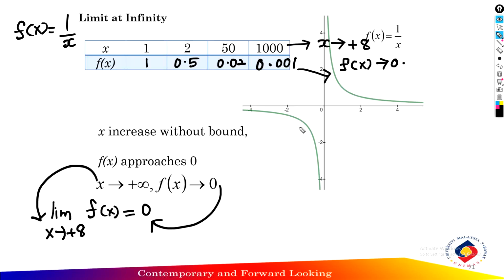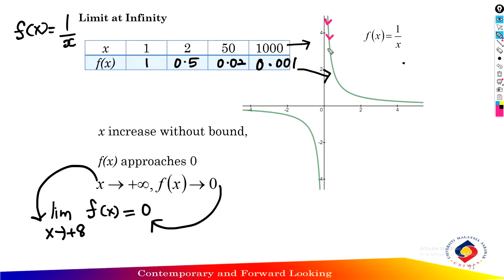When x goes to positive infinity, we know that x is greater than 0 and positive. So the first value of x maybe starts at 0.001, starting from here.